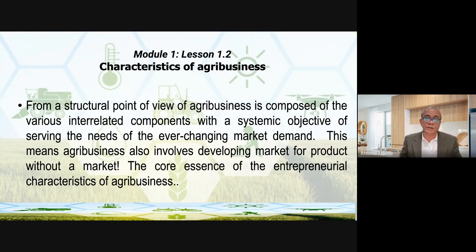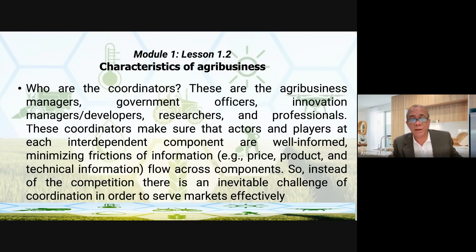Okay. From the structural point of view, agribusiness is composed of various interrelated components. The core essence of the entrepreneurial characteristics of agribusiness is actually the production sector. Now, in agribusiness also, we have the different coordinators. These are the agribusiness managers, government officers, innovation managers, and so on and so forth. No?